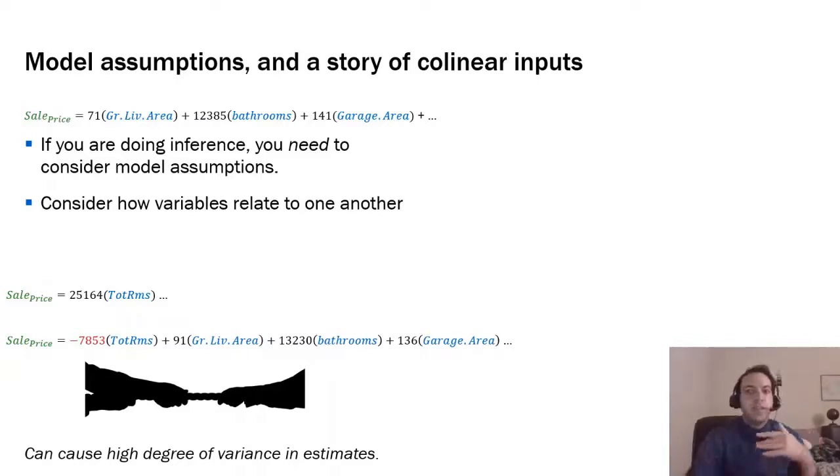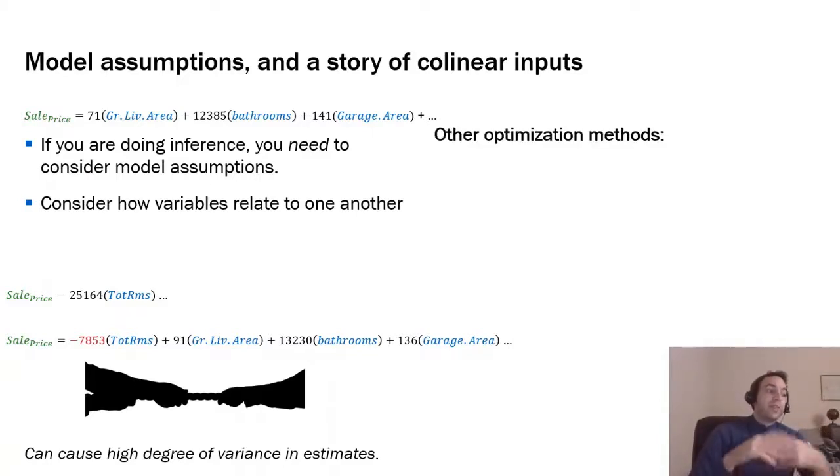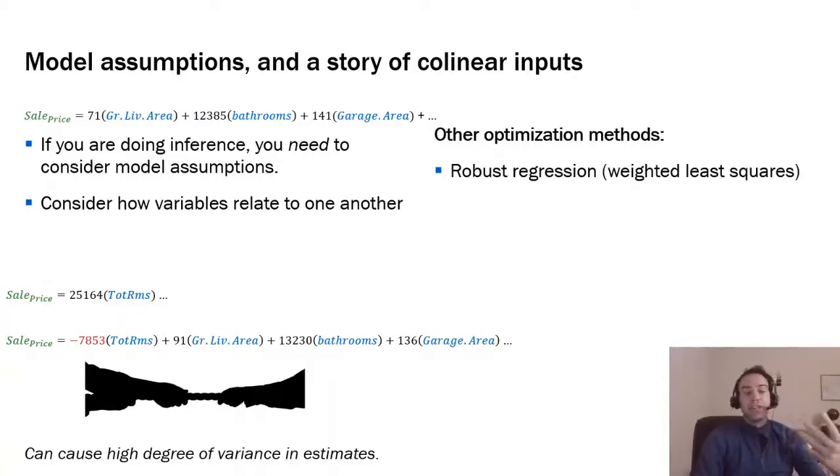So there are some other optimization methods that can help to reduce the variance of your estimates. One thing you can do is use robust regression, which will typically make your estimates more robust to violations of the assumptions associated with ordinary least squares regression. Also more robust to influential points and outliers.